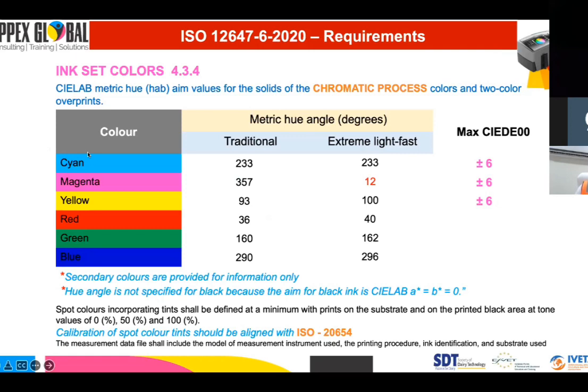Okay, so we go around the whole color sphere with hue angles. And so the ISO specification -6 only talks about what angle the C, M, Y, and K should be on. So here's the yellow, and we talk about the yellow at 93. So it has to be at 93 degrees, but it doesn't talk about how dense the ink should be.